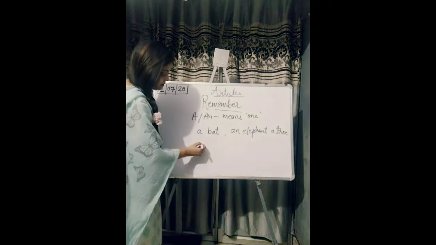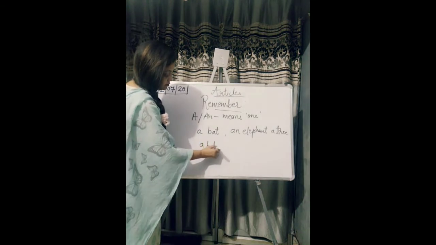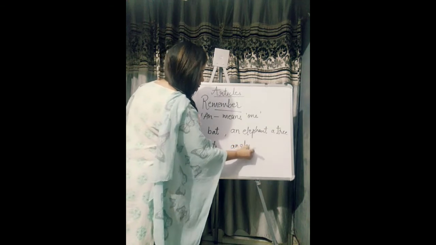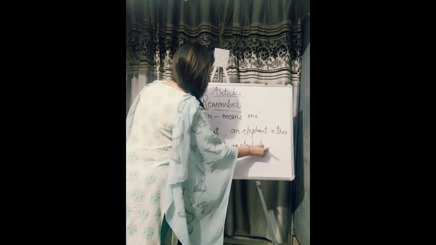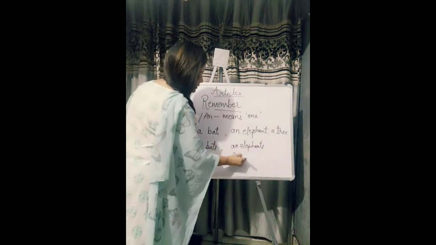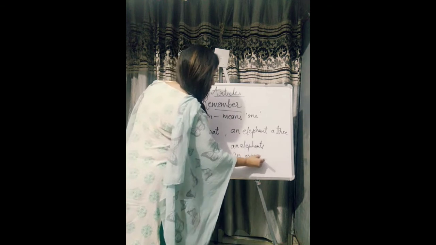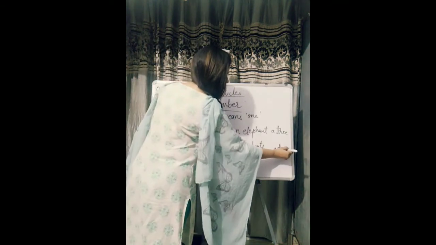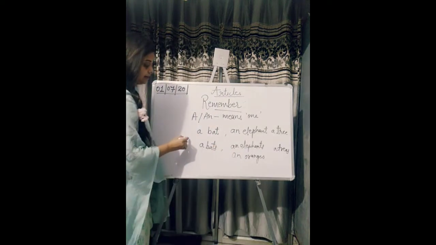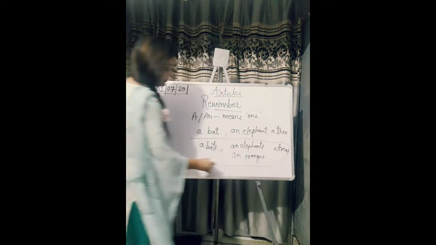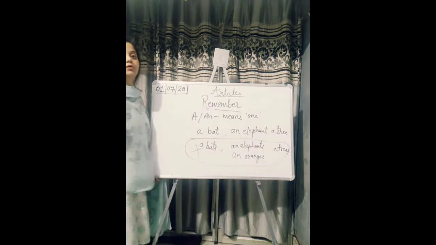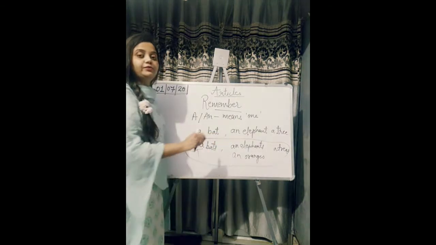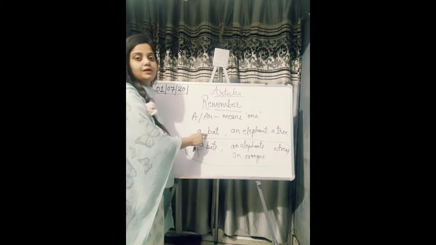We never write a bats, an elephants, an oranges, or a trees. If you write like this, everything will go wrong, because a and an we always use with a singular noun.